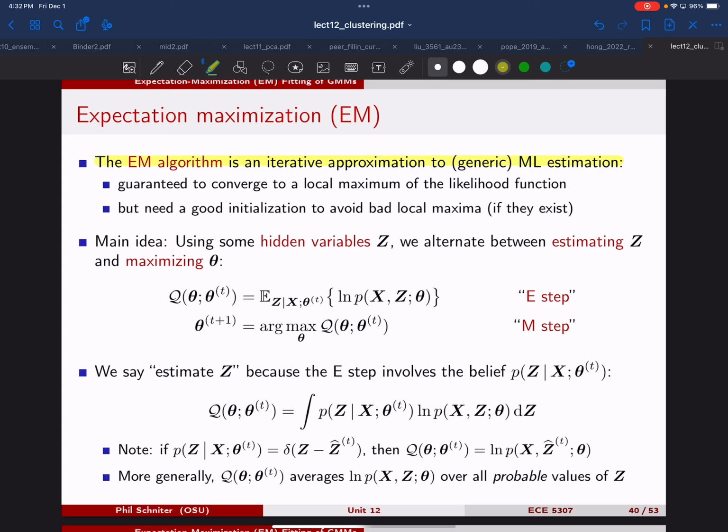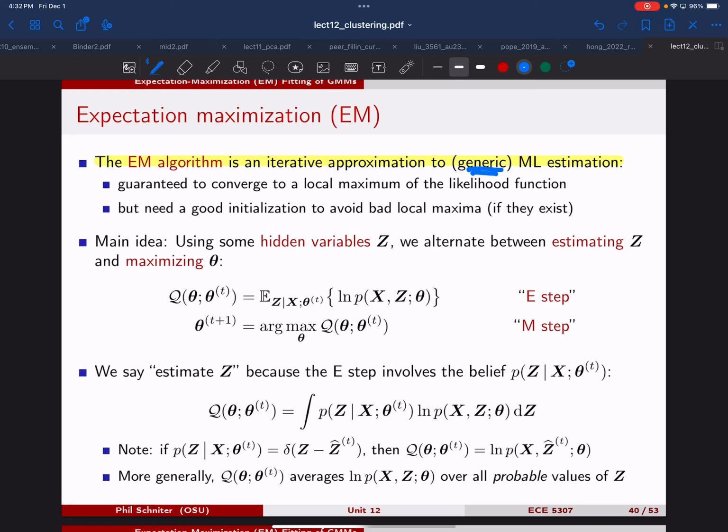It's an iterative approximation to generic maximum likelihood estimation. You can use this for any kind of maximum likelihood problem, especially tricky ones, maybe ones that involve lots of parameters, some discrete, some continuous. If you have discrete parameters, you can't differentiate with respect to them and so on.